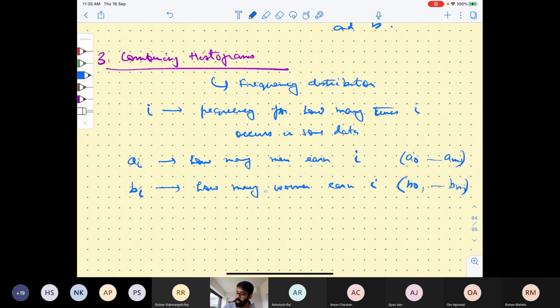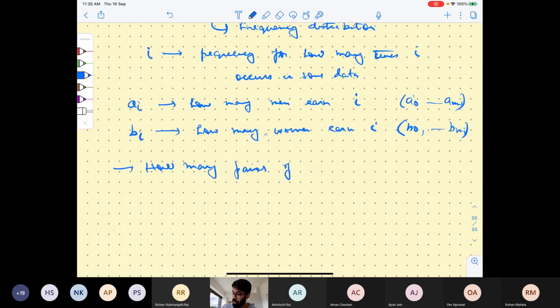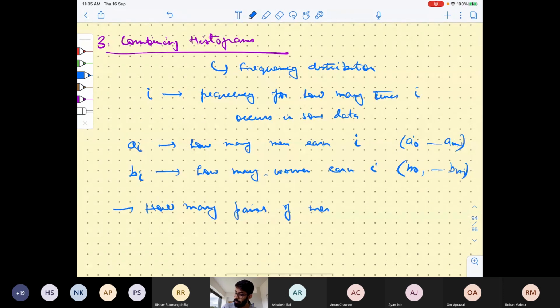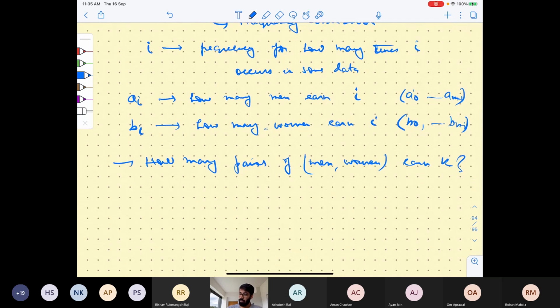And now suppose you want to find out how many pairs of men, women earn K, right? So we have the data for men, we have the data for women, and now we want the summation, how many pairs are there such that the total income is K, right?